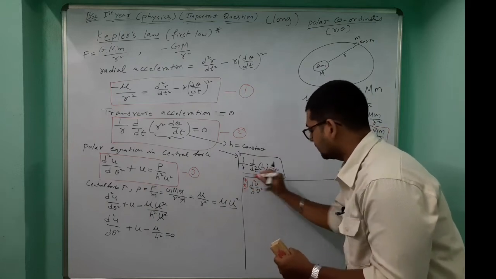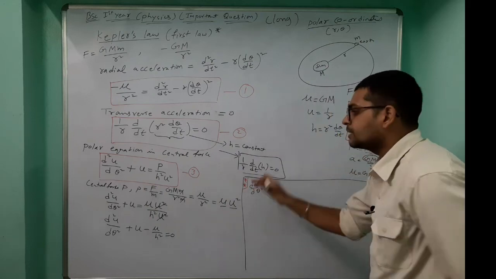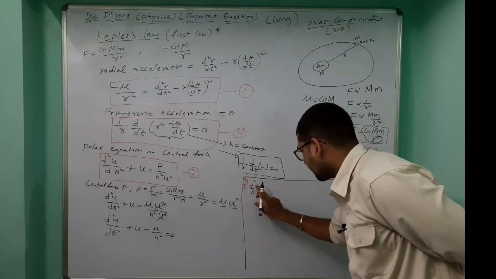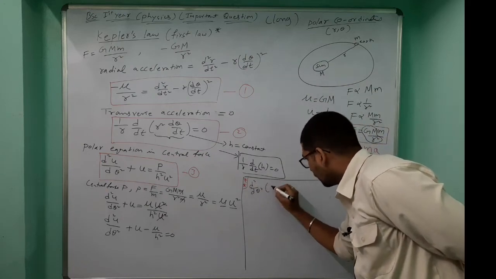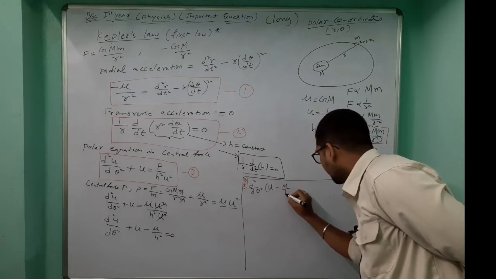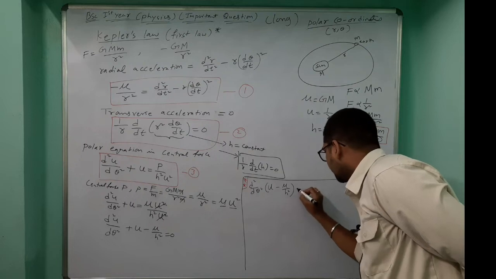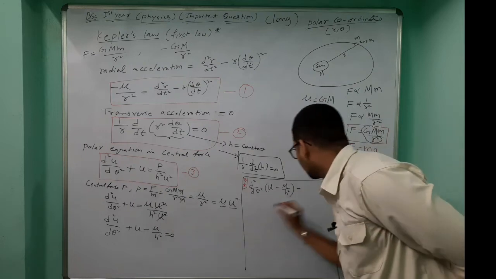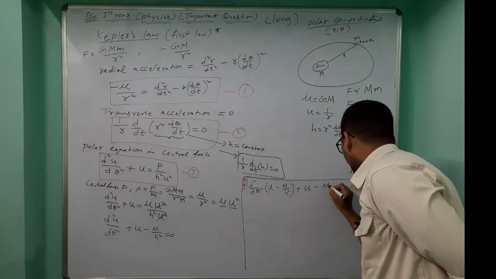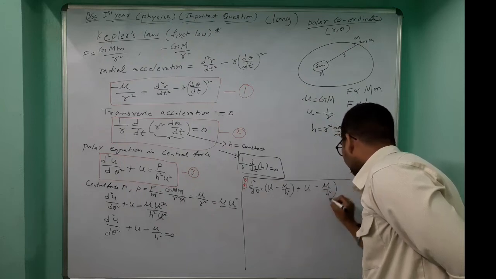For simplicity we are making it like this. So this u is there. No, I'm not writing it like this. I'm writing here u of something. I'm writing minus mu by h square, that is, plus u minus mu by h square.